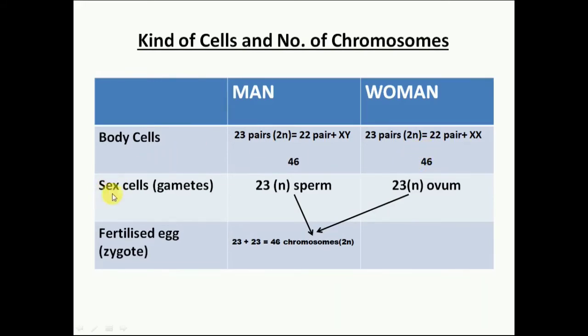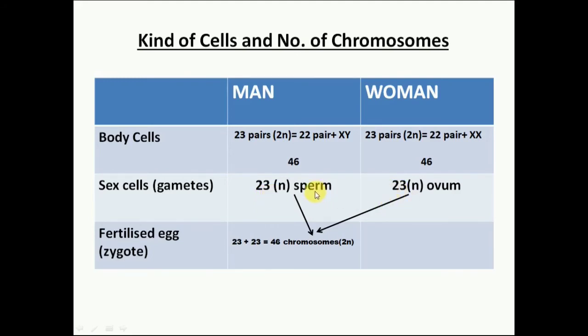Now, sex cells are the gametes which are produced, and these gametes are formed by cell division of germ cells. These germ cells are present in our reproductive organs in male and female. So the germ cells undergo cell division to produce gametes. These gametes consist of only 23 chromosomes. Each gamete consists of only 23 chromosomes, not pairs, only 23 in case of both man and woman.